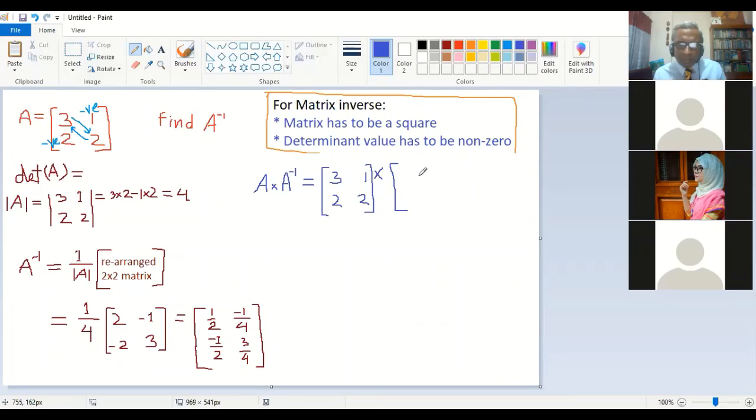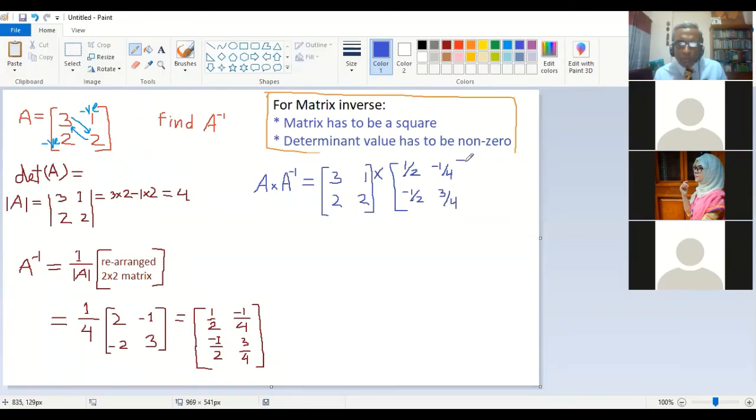I am multiplying it by the inverse, which is already done. It is 1 by 2, minus 1 by 4, minus 1 by 2, and 3 by 4. This is the inverse matrix we have got already.